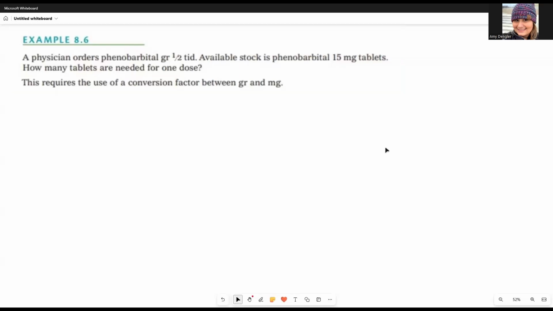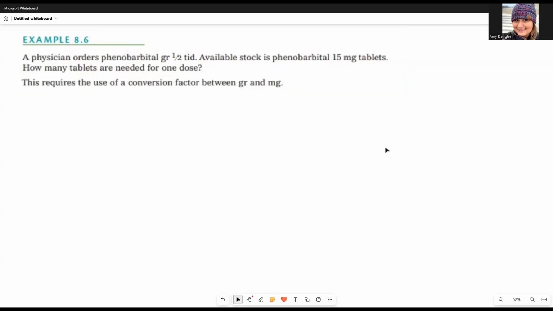Example 8.6, a physician orders phenobarbital, 1/2 grain, PID. Available stock is phenobarbital 15 milligram tablets. How many tablets are needed for one dose? So we first need to use the conversion factor between grains and milligrams, which is on your conversion sheet, also in the book.